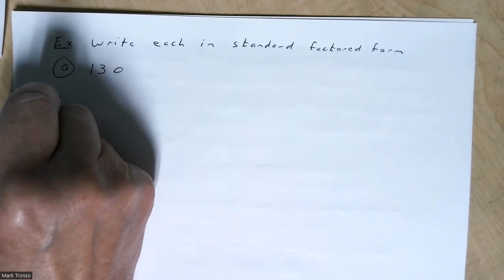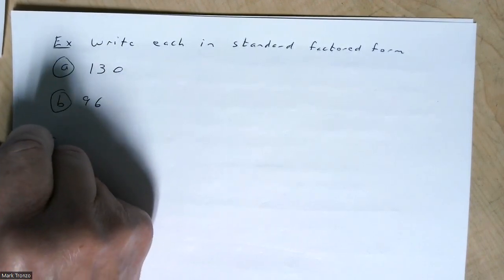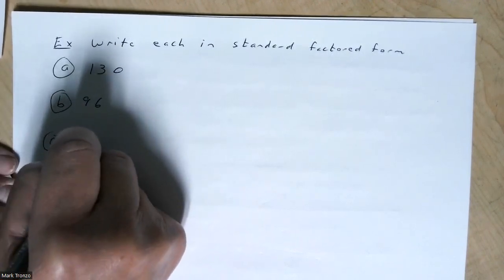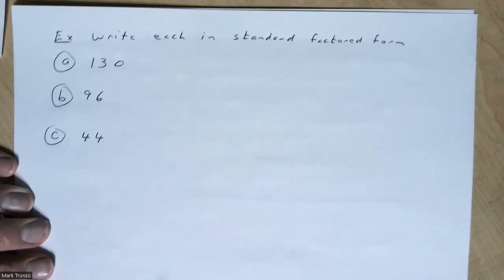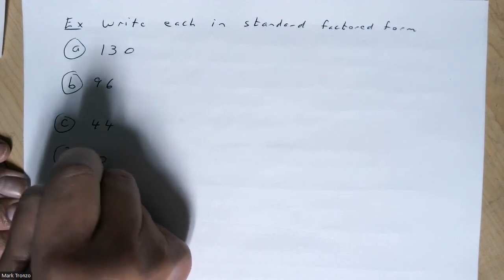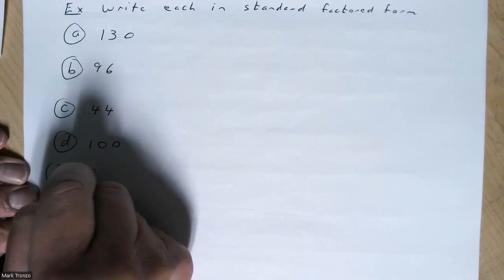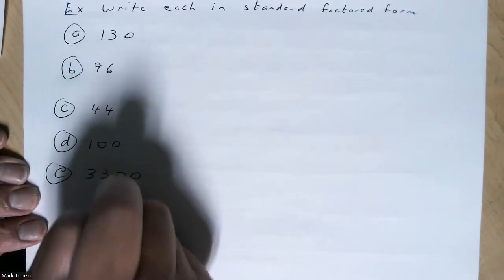Let's write 130 that way. Let's write 96 that way. 44. 100. And 3,300.